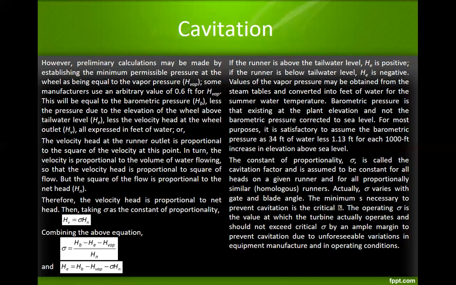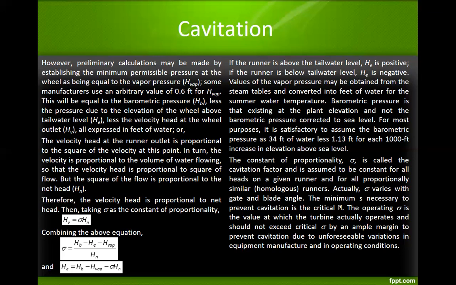If the runner is above the tailwater level, H sub E is positive. If the runner is below the tailwater, H sub E is negative. Values of the vapor pressure may be obtained from steam tables and converted into feet of water for assumed water temperature. Barometric pressure is that existing at the plant elevation and not the barometric pressure corrected to sea level.